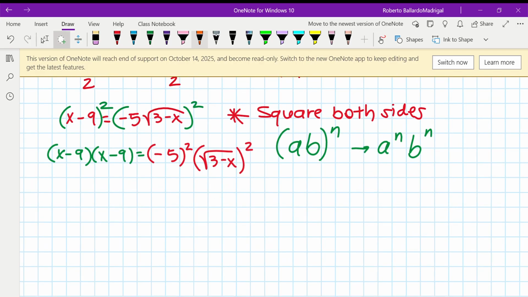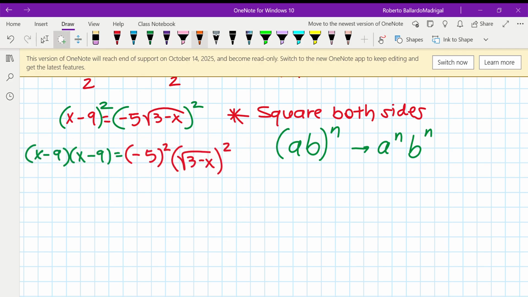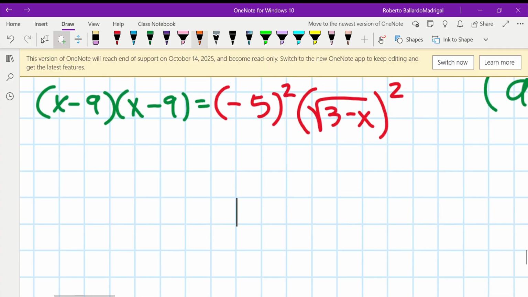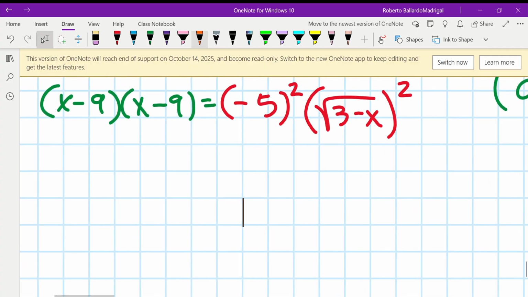I'm going to move this to the side. All right. Obviously you would have to use an area model for this first half, which I'm going to skip right now.